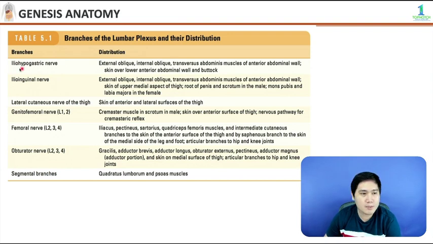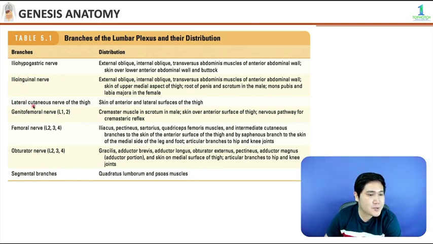So, those are the parts that is supplied by your iliohypogastric nerve. Your ilioinguinal nerve will supply the same abdominal wall muscles, no? As well as the skin at the upper medial thigh, the root of the penis, scrotum, mons pubis, and the labia majora in females.